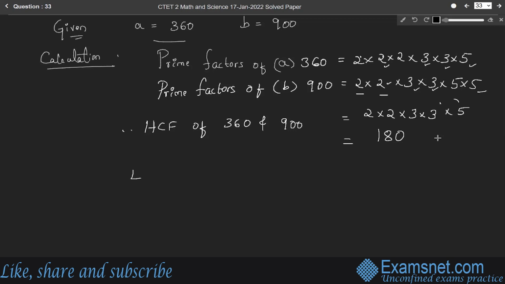So LCM, lowest common multiple of 360 and 900. So come to the prime factors. So 2 into 2 into 2, 3 into 3, into 5 into 5.